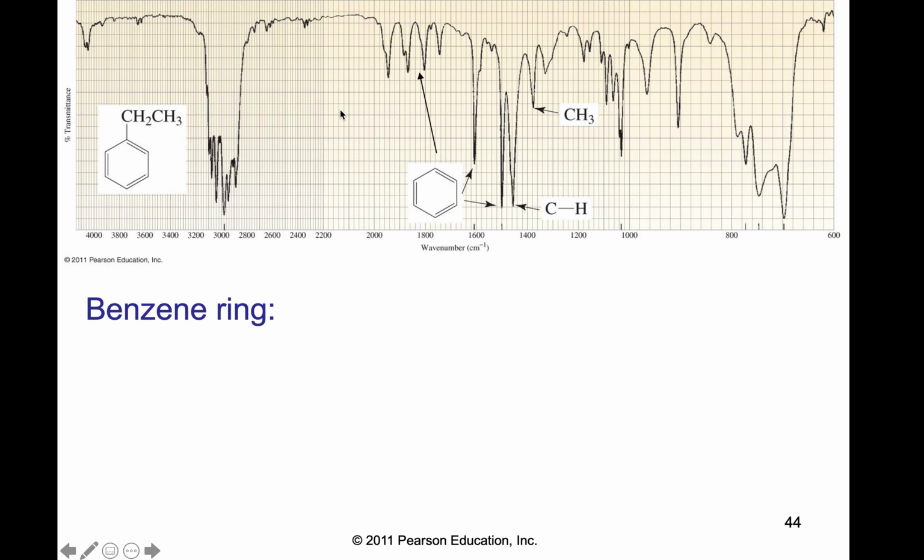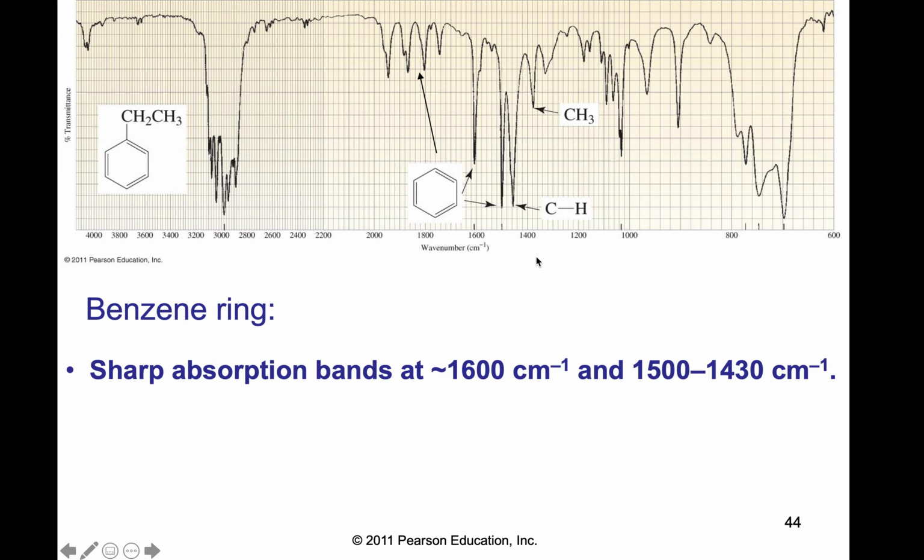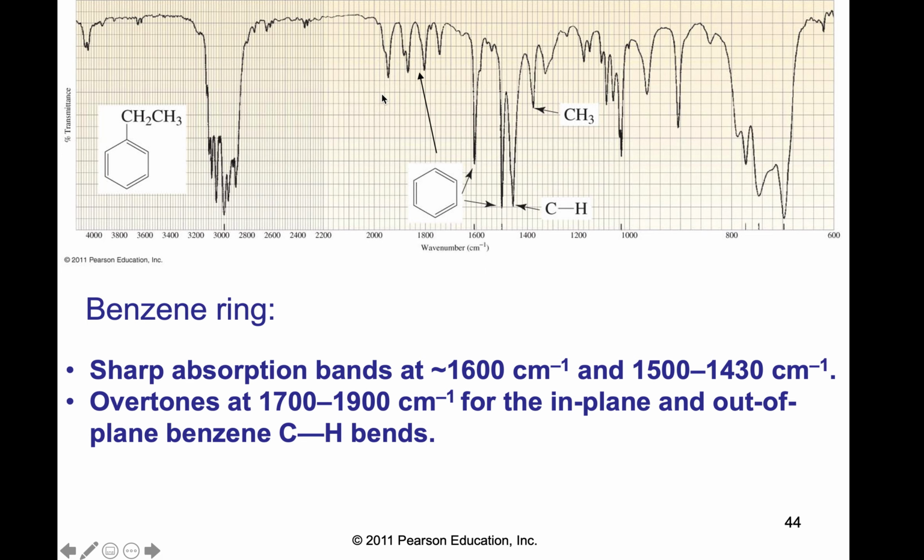Benzene ring, sharp absorption bands at 1600 reciprocal centimeters and 1500 to 1430. Overtones at 1700 to 1900 reciprocal centimeters for the in-plane and out-of-plane benzene CH bends.